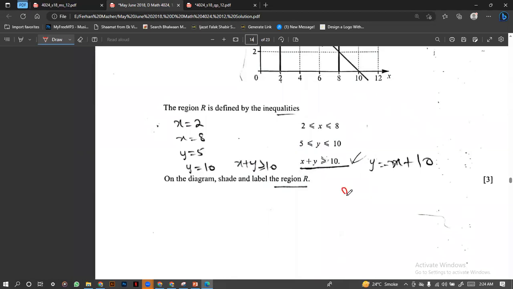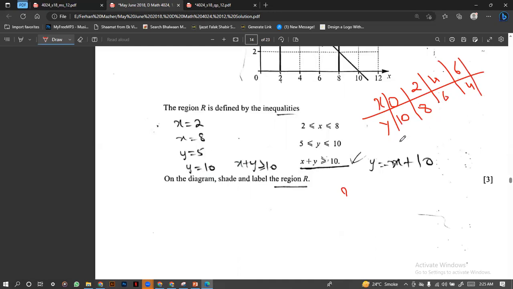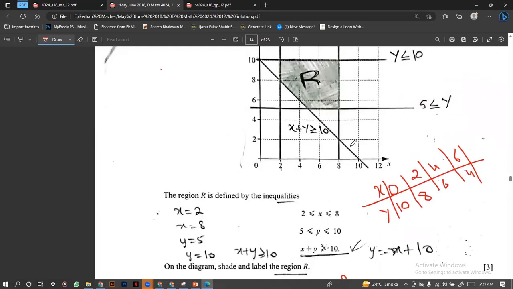When the x is 0, the y will be 10. And when the x is 2, the y will be 8. When the x will be 4, the y will be 6. When the x will be 6, the y will be 4. And you can plot these points and you will get this line. Okay. This is how this is done.